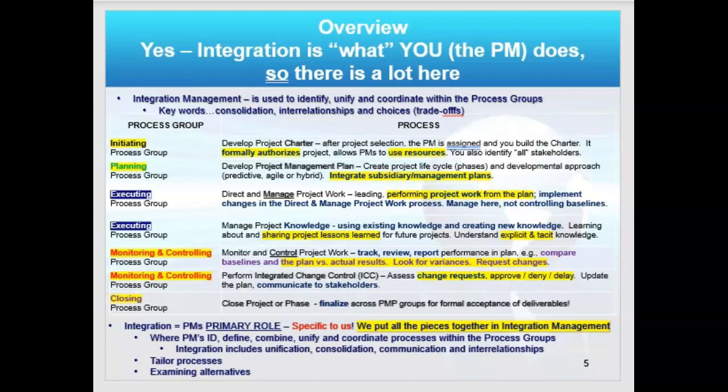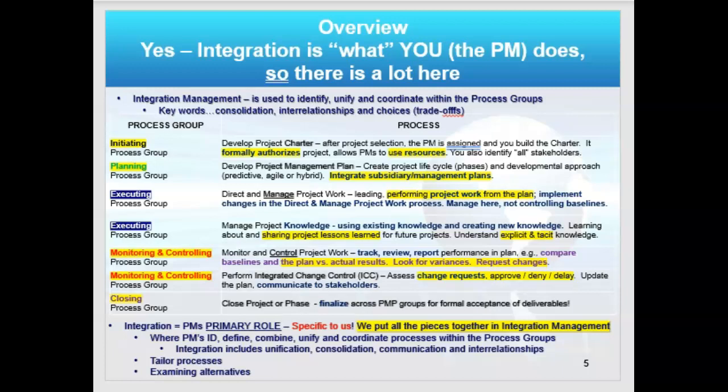Then monitoring and controlling also has two processes. The first one is just monitor and control project work. So notice it's a process group, monitoring and controlling, and it's a process called monitor and control project work. Sometimes they say monitor, sometimes they say control, but make no mistake, it's always about control, right? We want to track and control the baselines, the other metrics, and we want to compare the plan, which we did up in green just above us on the left, green planning.